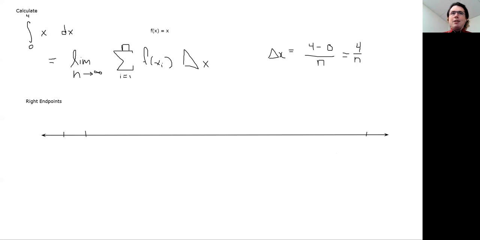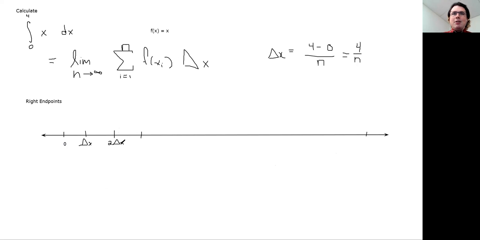The first rectangle consists of all the x coordinates starting at 0 and going up to delta x. I can't type a delta, so I'll just draw this freehand. The second rectangle goes from delta x up to 2 times delta x.